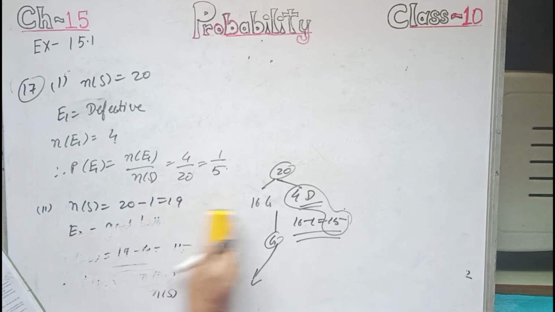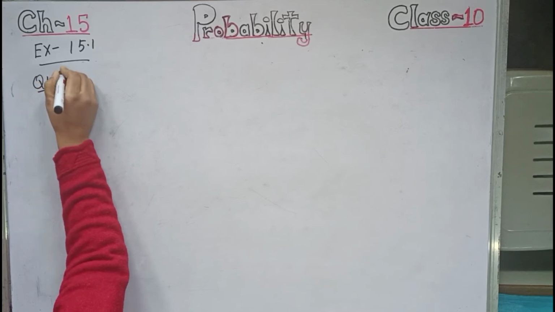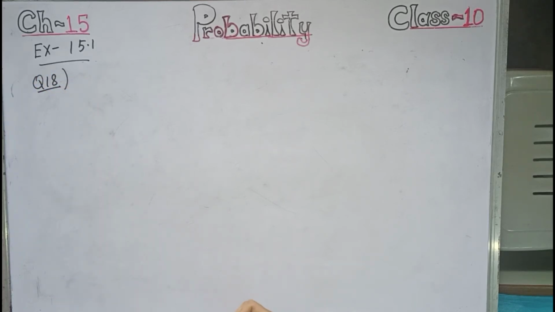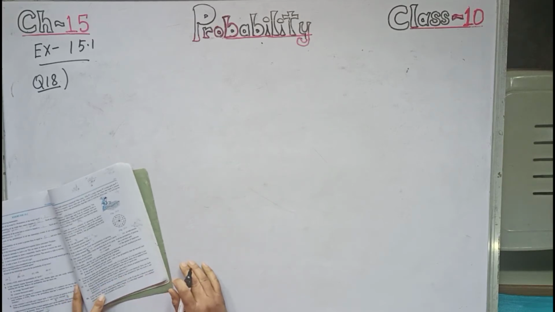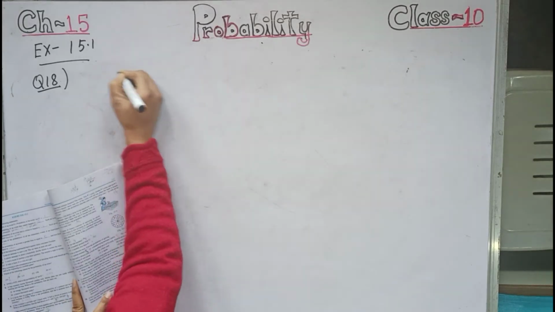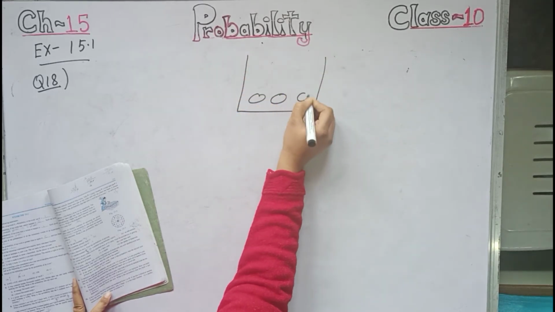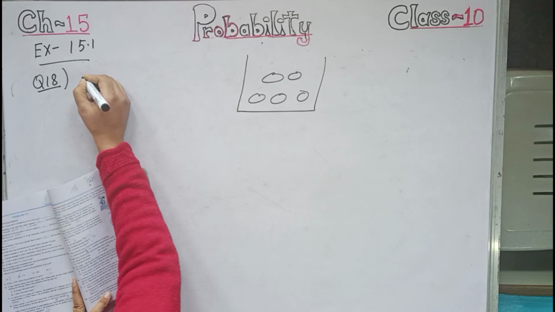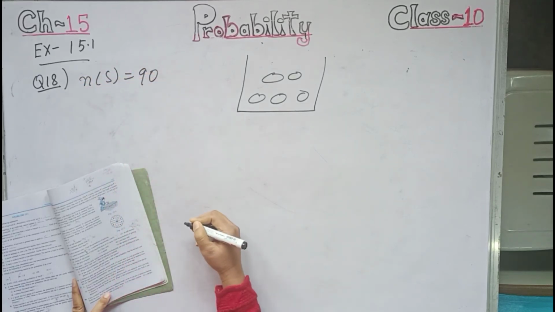Okay, now let us move to question number 18. Question number 18 says that a box contains 90 discs. A box is there in which 90 discs are there. So the total number of discs is 90.